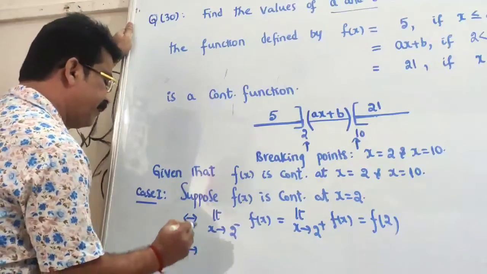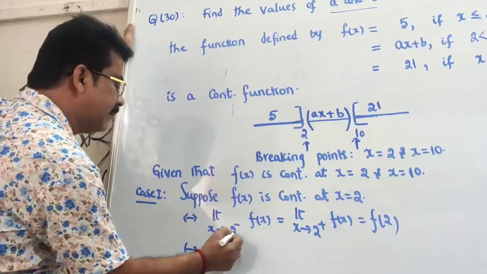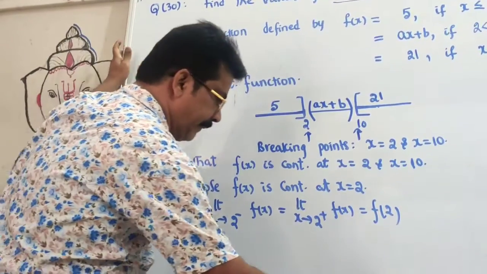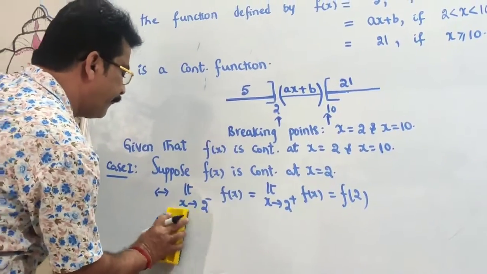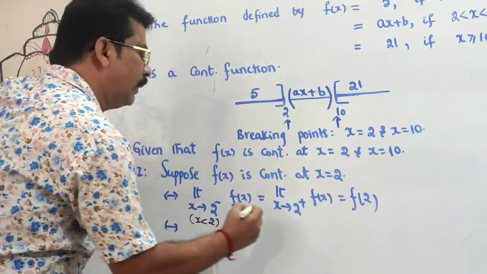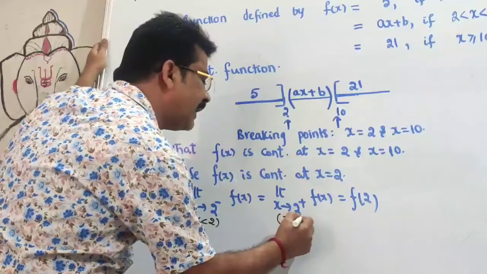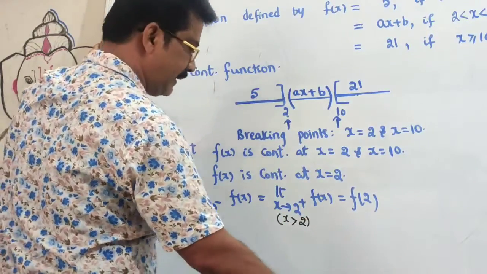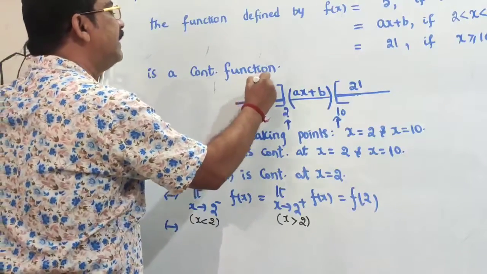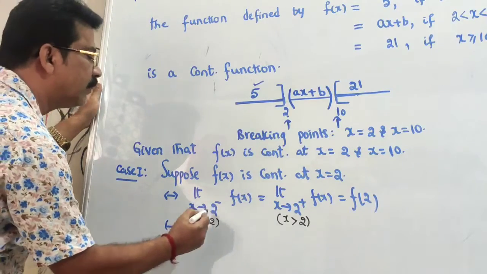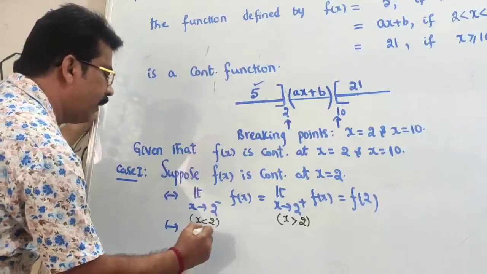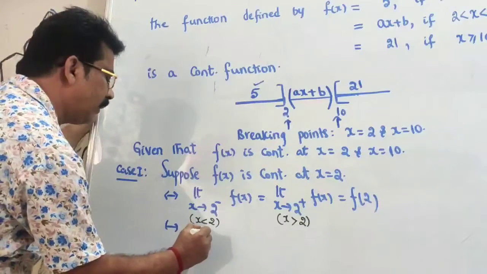So x tends to 2 minus means x less than 2, and x tends to 2 plus means x greater than 2. X less than 2 means this area, it is the constant. So we can write directly 5, or okay, we follow the procedure.